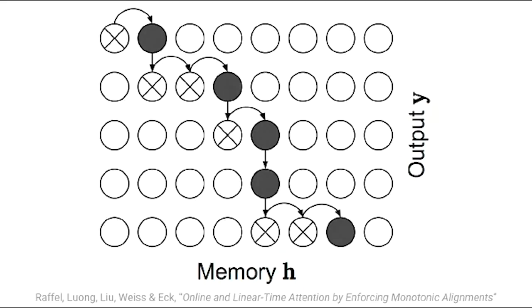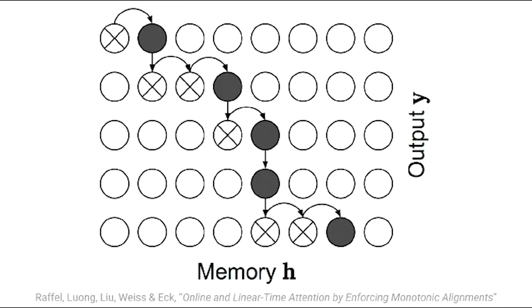So let's say that at each output time step, instead of inspecting all entries of the memory independently and choosing one, we start inspecting entries from where we left off at the previous output time step and explicitly process them in a left-to-right manner. And then we assign a Bernoulli probability to each memory entry we inspect and sample a Bernoulli random variable to decide whether to attend to that memory element or move on to the next one.